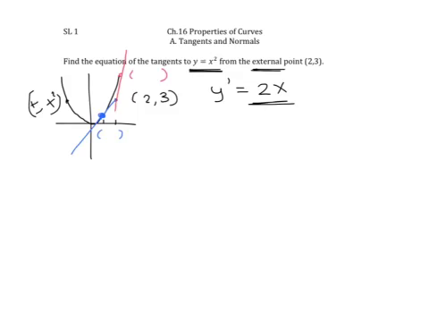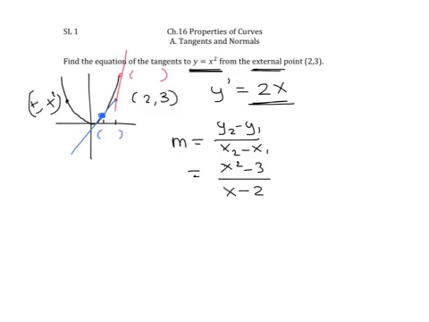So in order to find the slope of a blue line, we have y2 minus y1 over x2 minus x1. So we have x squared minus 3 over x minus 2.